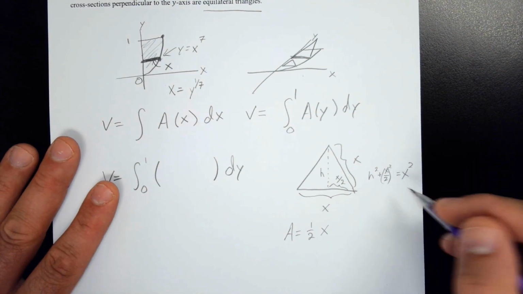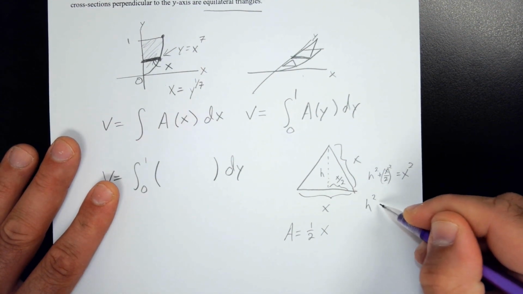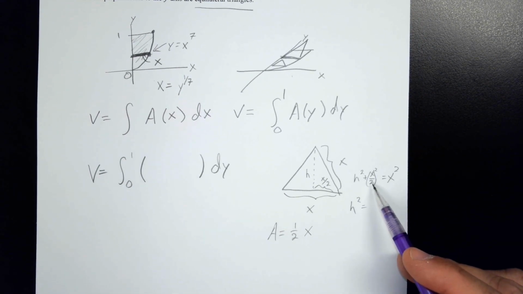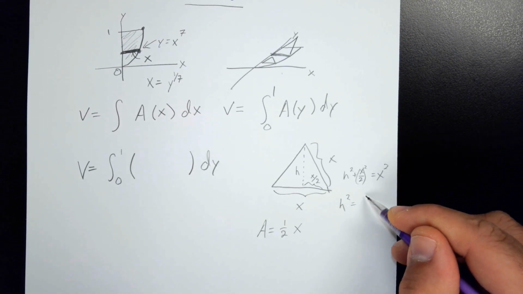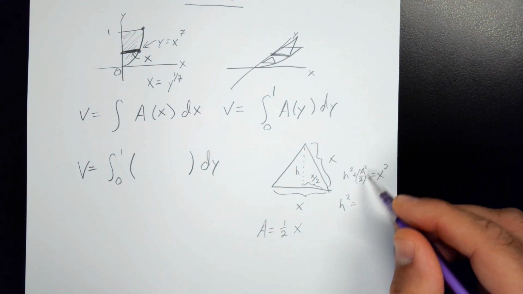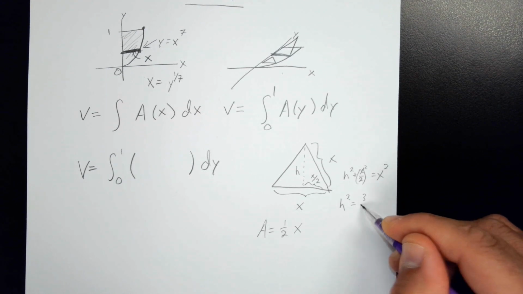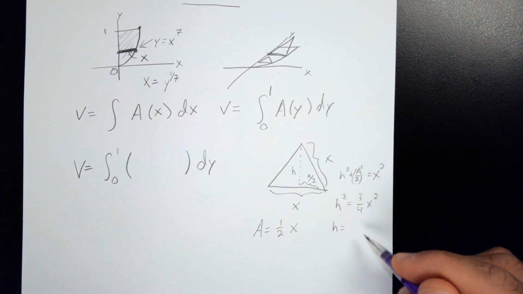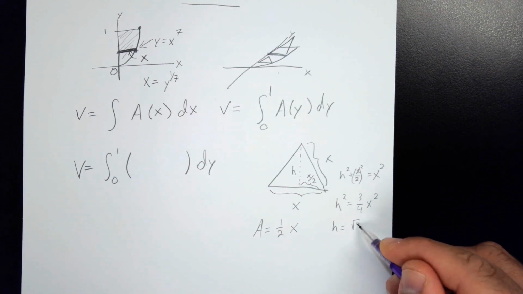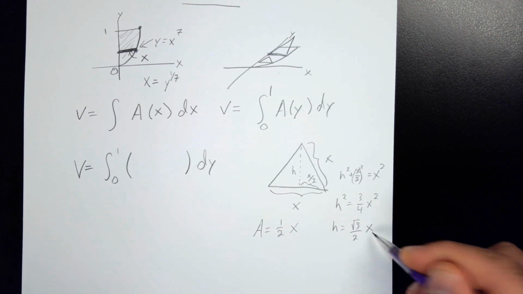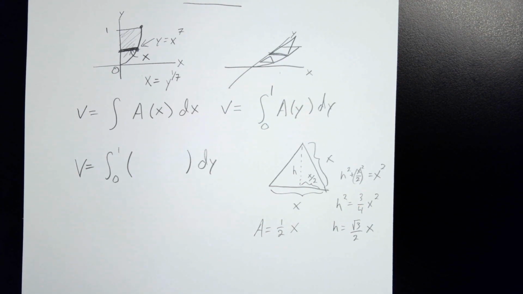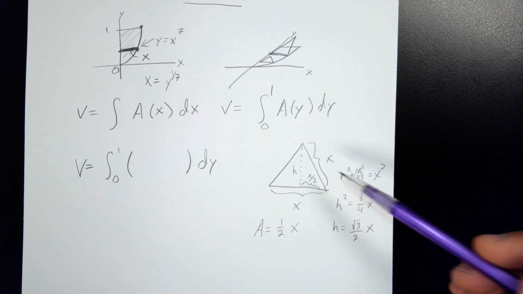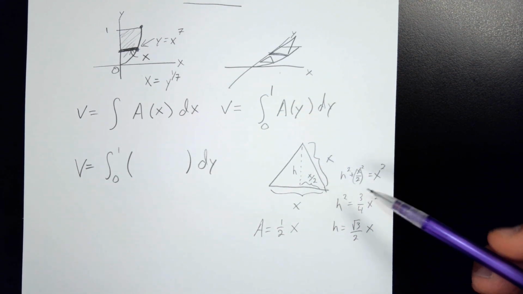If you did this Pythagorean theorem, this would be x squared over 4. If I brought that over, I'd have 1 x squared minus a 4th x squared, which is 3/4 x squared. So h would be the square root of 3 over 2 times x. And you might notice it's the square root of 3, which is what we get when we have a 30, 60, 90 triangle.